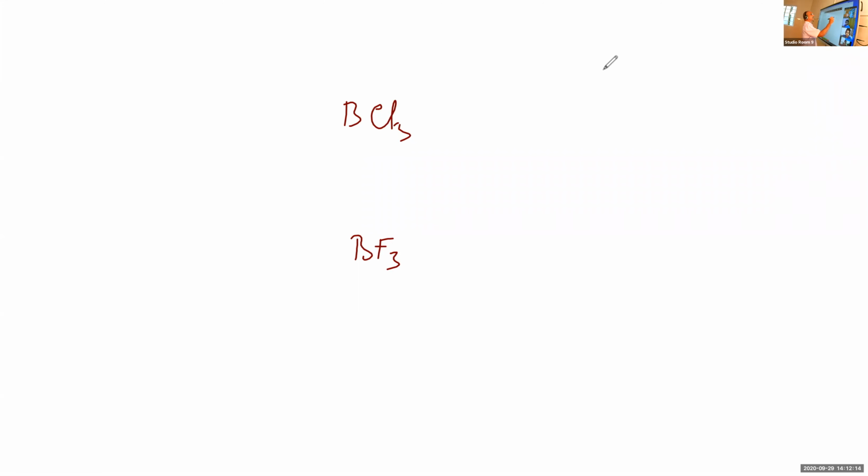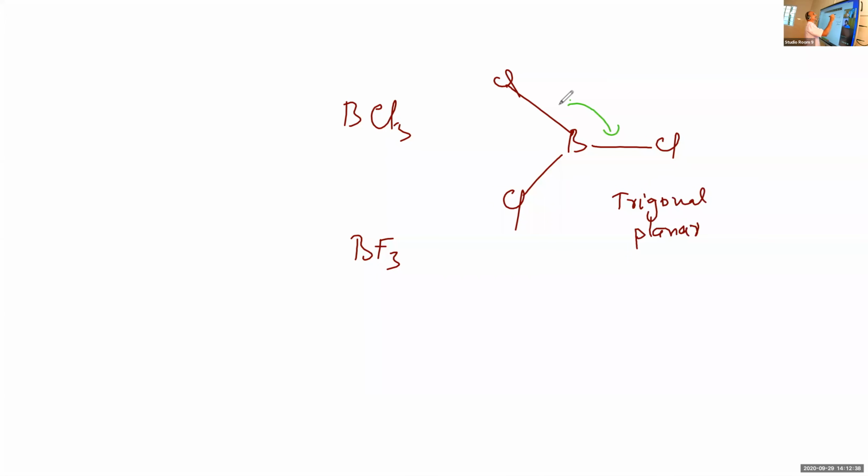Boron trichloride, for example, the structure will be like this, with three Cl. It's a planar molecule, a trigonal planar molecule. Now you measure the bond angle. The bond angle is equal to 120 degrees.